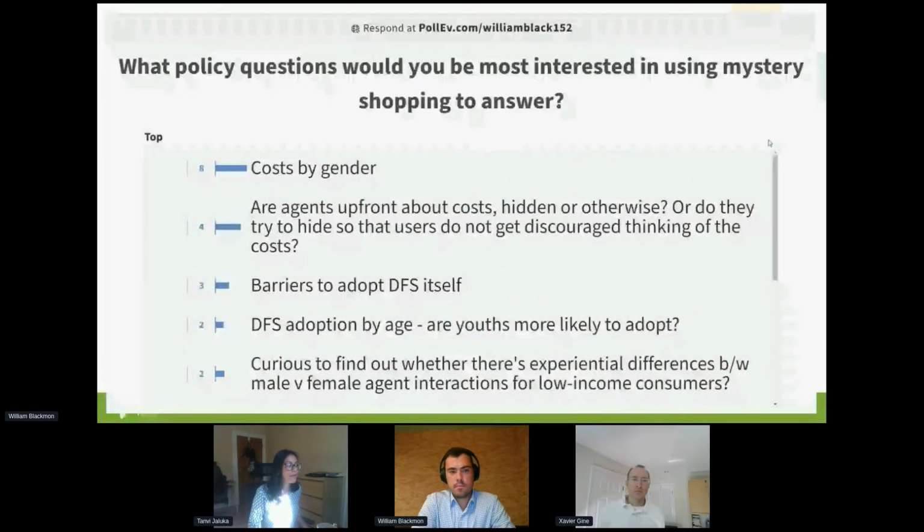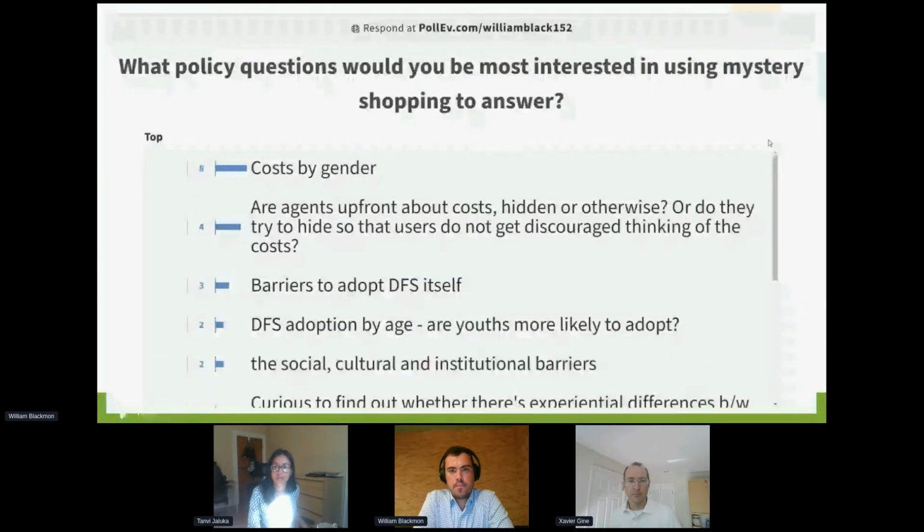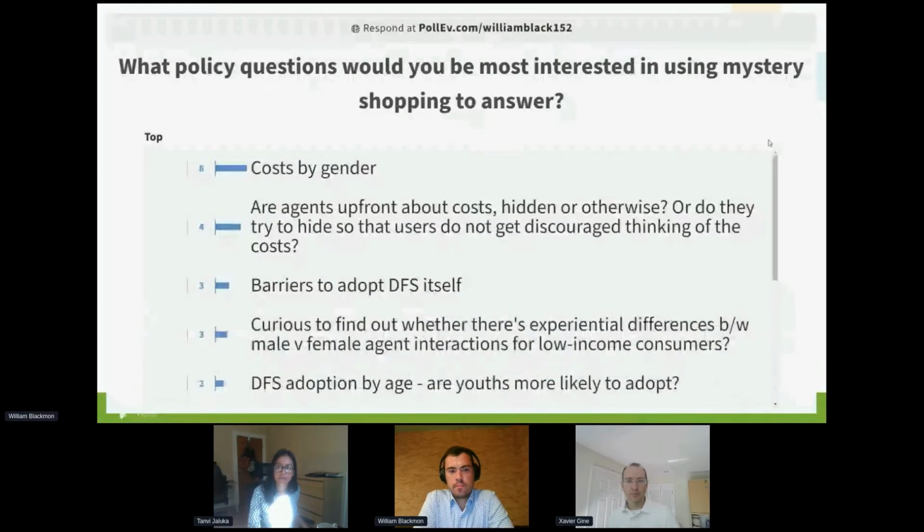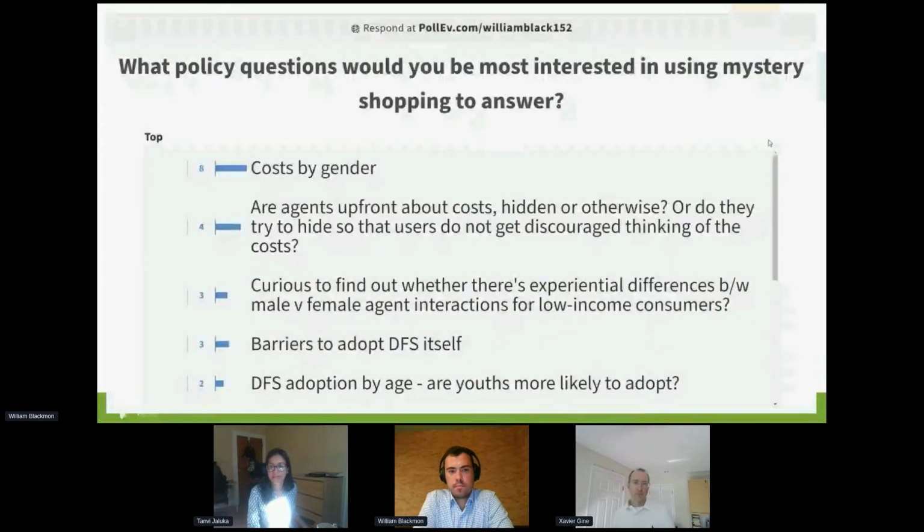Okay, how about someone who wrote about DFS adoption by age? So there's a few comments in here about, are youths more likely to adopt? Is there any gender, or is there any digital literacy and segregation by age? Are you able to request microphone access?